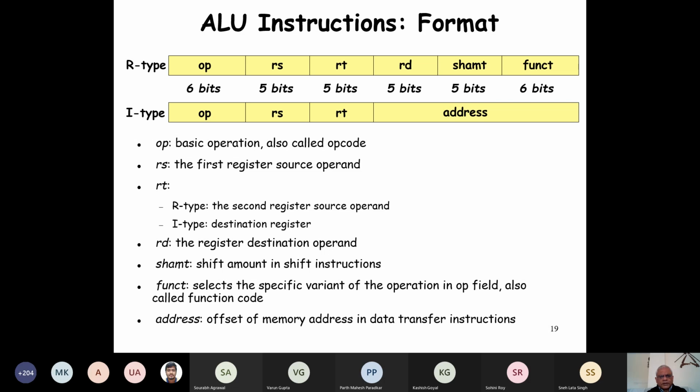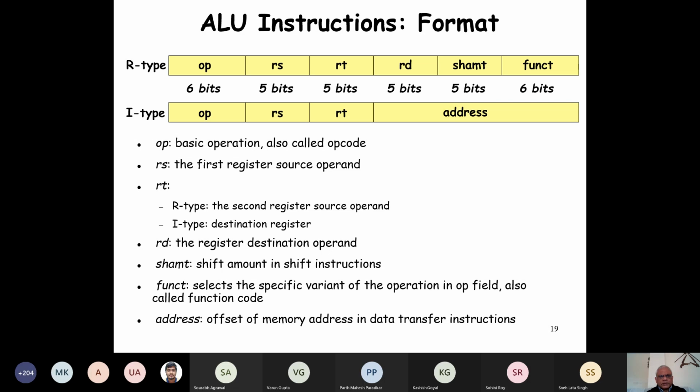For example, if we have ADD, there are several types of ADD, like subtract is also R type and so on. And this is the shift amount field. We will use the shift amount for shift instructions, otherwise it is unused.